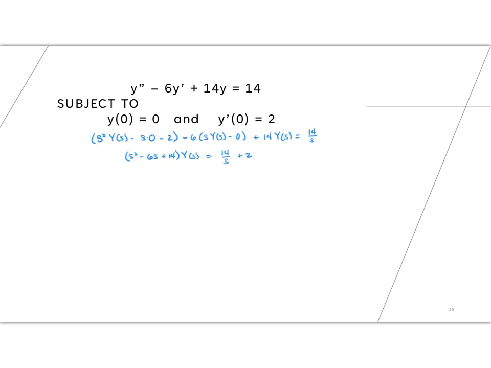Well, that means that Y(s) is equal to, let's make these a common fraction, 14 plus 2s over s, and divide through by the other. So I have 14 plus 2s divided by s² minus 6s plus 14.